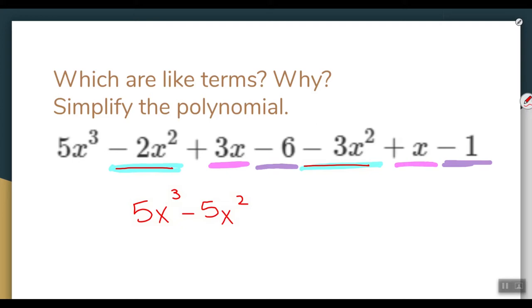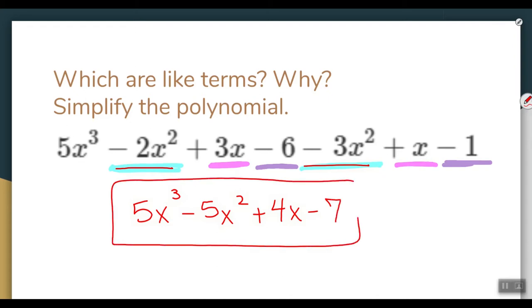Okay, and then if I have 3x and then 1 more x, then I have plus 4x. And then if I'm at -6 and I subtract 1, then it's even more negative, so it's -7. This is the polynomial in simplified standard form.